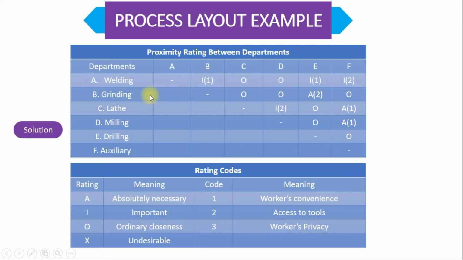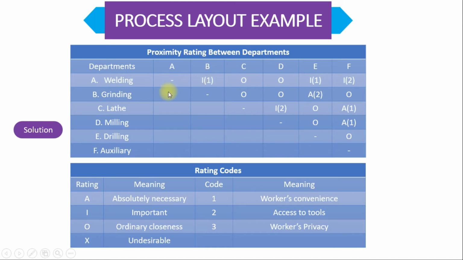Now when you look at a spot where it's empty, nothing was placed there. It means that it has already been done elsewhere. So let's look at it carefully. Between grinding and welding, the spot is empty. But between welding and grinding, it has already been done.